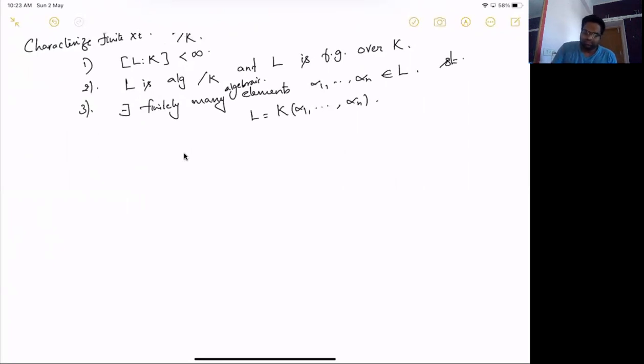So one special type of extension is when L is generated by a single element over K. Such an extension is called a simple extension.